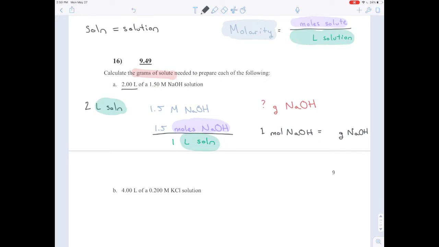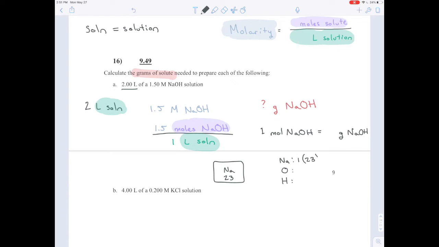So first, list each of the elements you have. We have sodium, oxygen, and hydrogen. In 1 mole of NaOH, we have 1 mole of sodium, because the number at the bottom right of the sodium is a 1. Nothing is written there, and so it's an implied 1. For sodium, you would go to the periodic table and look, and underneath the Na, you would see 23.